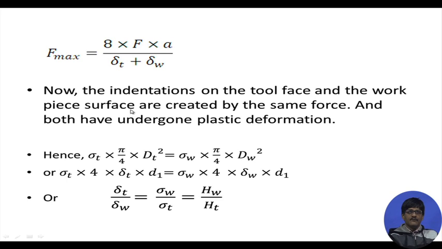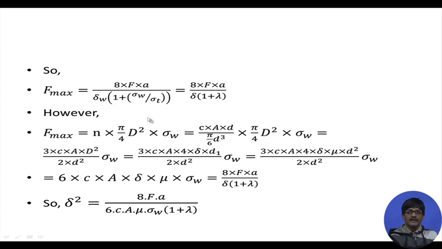If we take delta W common, we will have 1 plus delta T by delta W. We have taken delta W common, and delta T by delta W we are replacing by sigma W by sigma T as per the previous calculation.